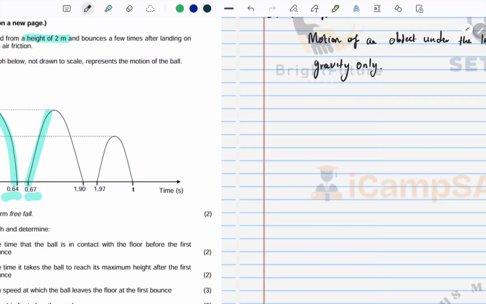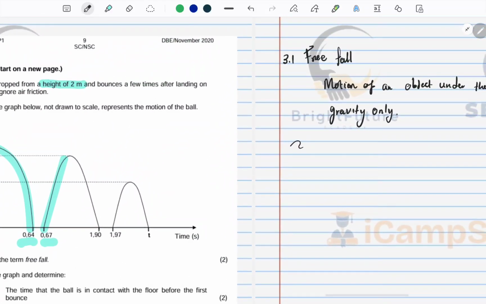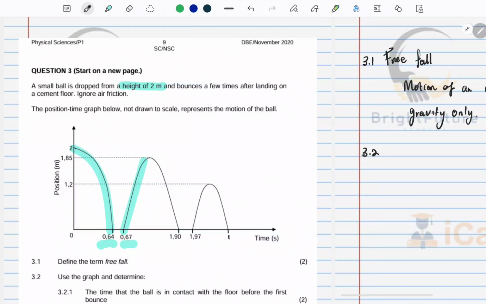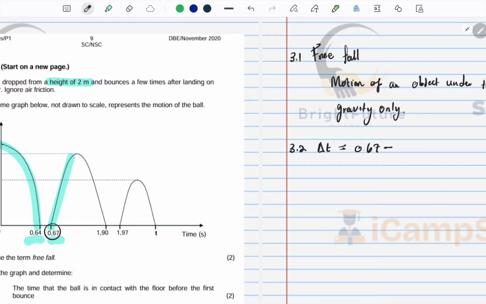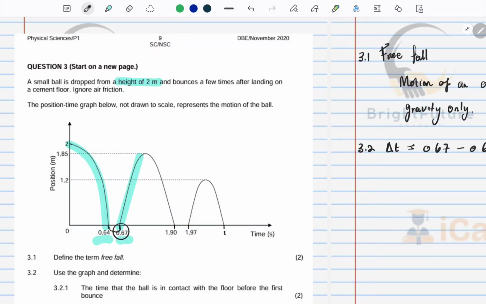So if you want to get the time the ball spent in contact with the floor, we can just say delta t equals 0.67 minus 0.64, because this gap here is showing you that the ball is in contact with the ground at this point.